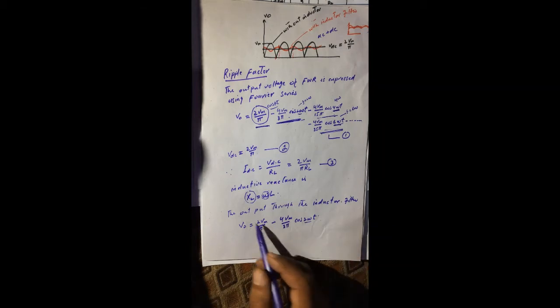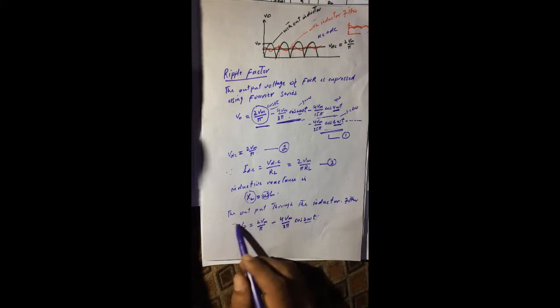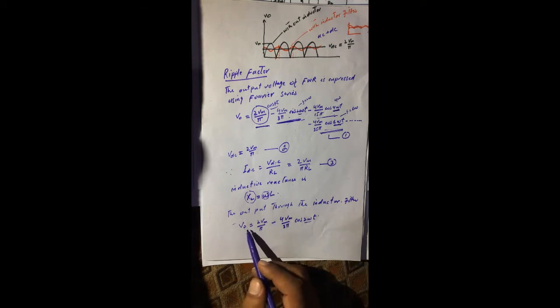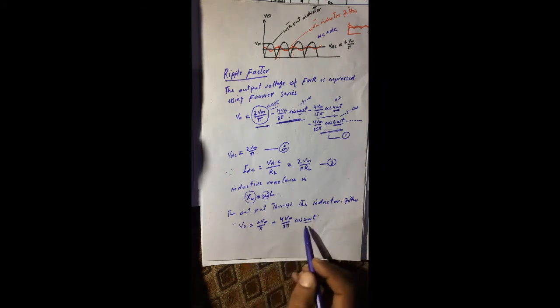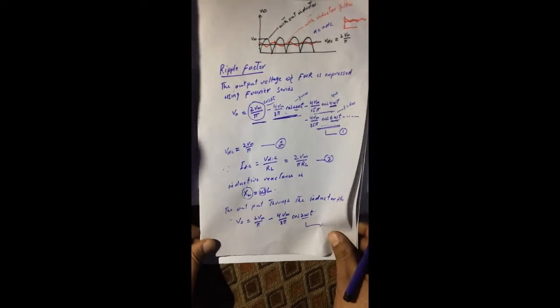So the voltage after the filter will be of this form. We call it equation number 4.